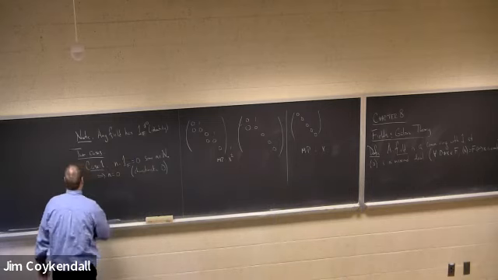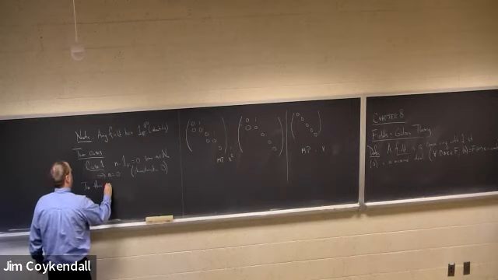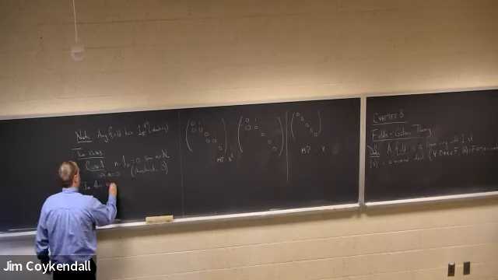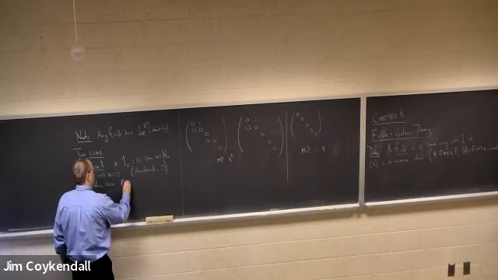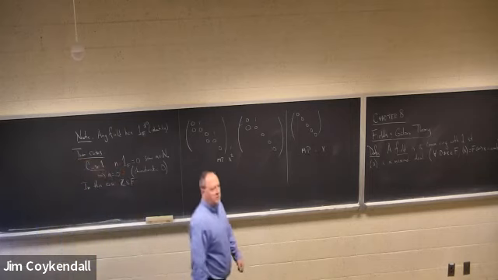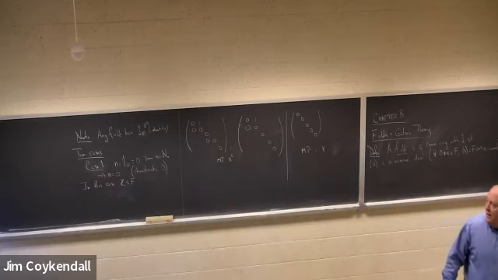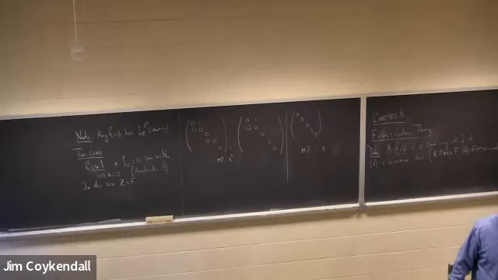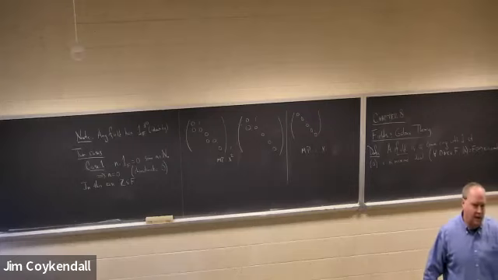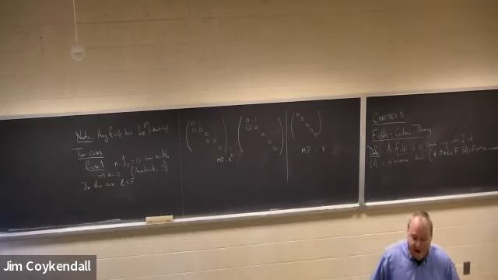In this case, the field contains the integers in a natural sense. There is a one-to-one homomorphism from the integers into this field just by taking the integer n to n times 1_F.